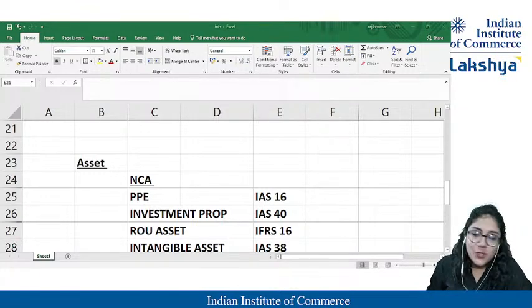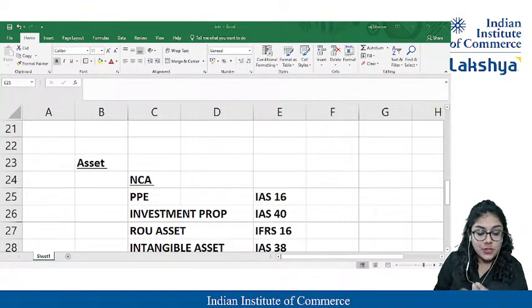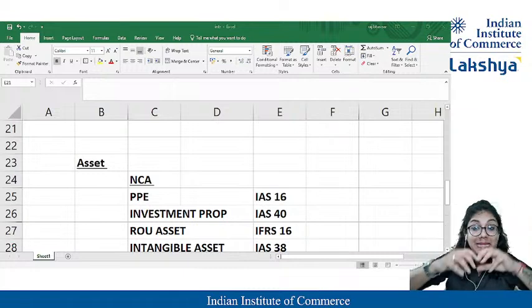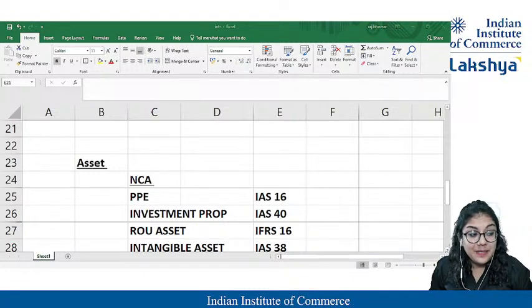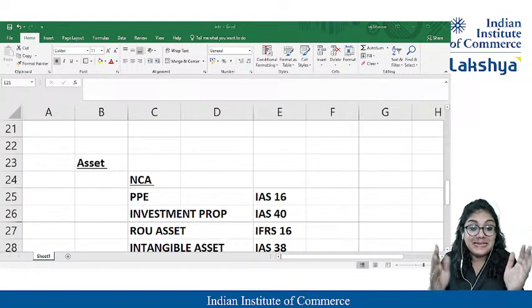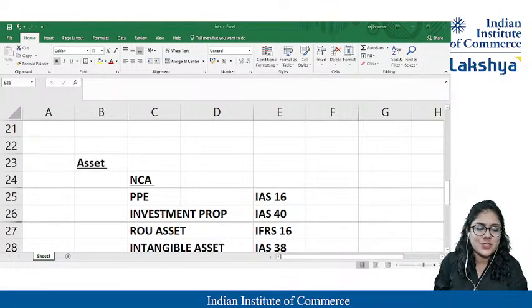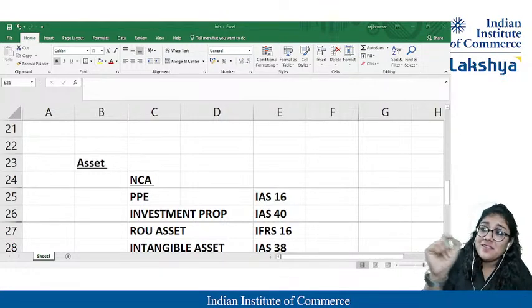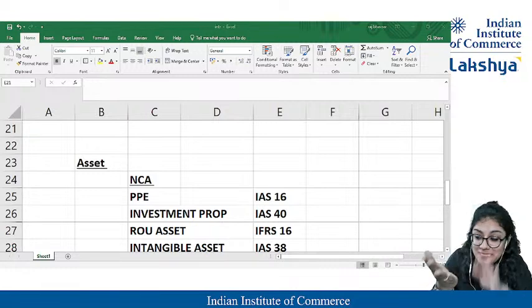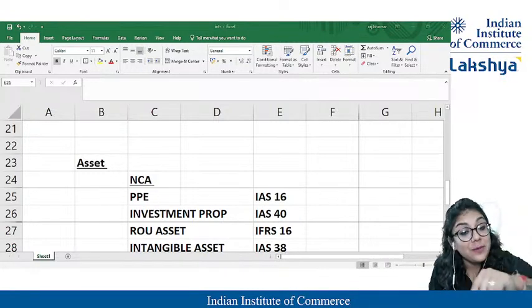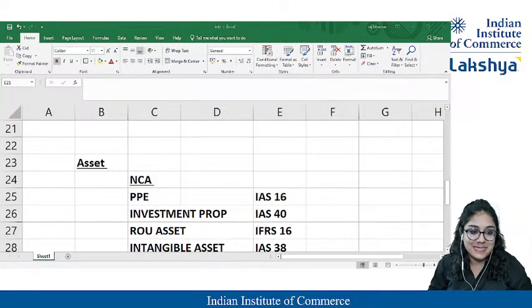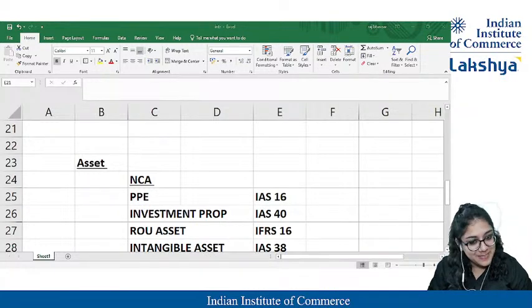Basically we are not going to study the course of what derivatives and futures are, but they cannot be left out of our syllabus. Why? Because everything which exists practically is to be presented in the books. How we are going to present or show it in the financial statements is what is learned in SBR.